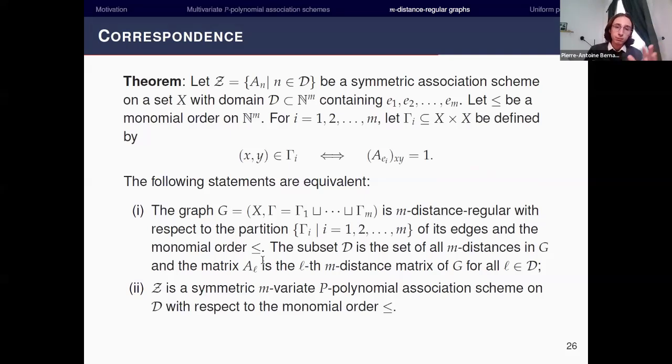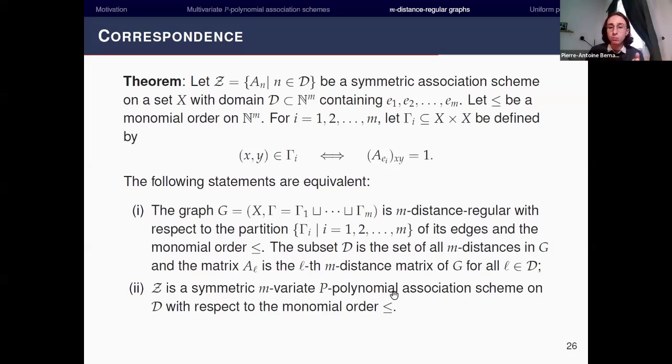Again, the idea is to make a connection between this graph and an m-variate p-polynomial scheme. And this is the role of this theorem. Basically, it tells us that the two statements are the same. If you have an m-distance regular graph and you look at the m distance matrices, this will give you an m-variate p-polynomial scheme, and vice versa.